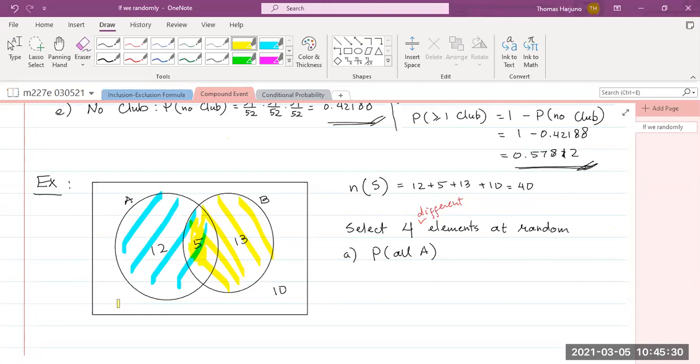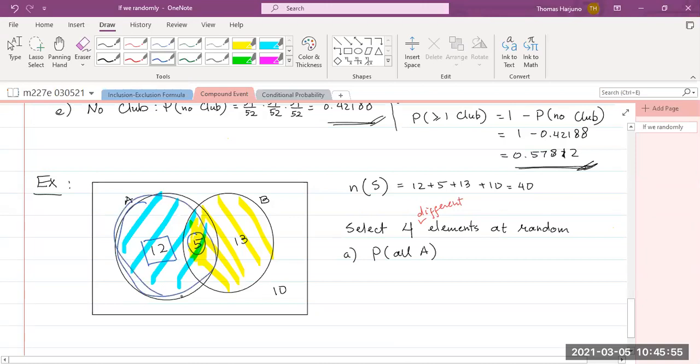When we say 17 in A, it doesn't mean 17 here. No, it means 17 in that circle. There are 17 in that circle. Now, 5 of them are in the intersection, which implies 12 of them are outside of that intersection. But still, we need to have 17 elements in part A.